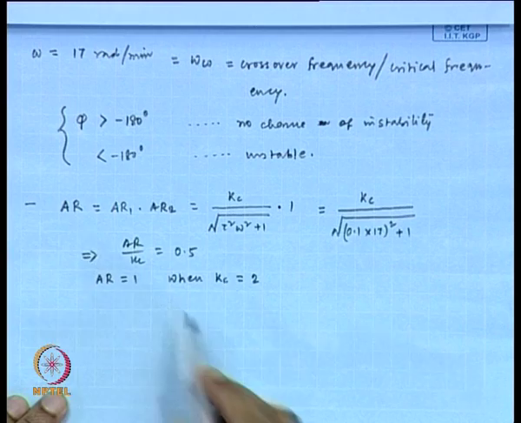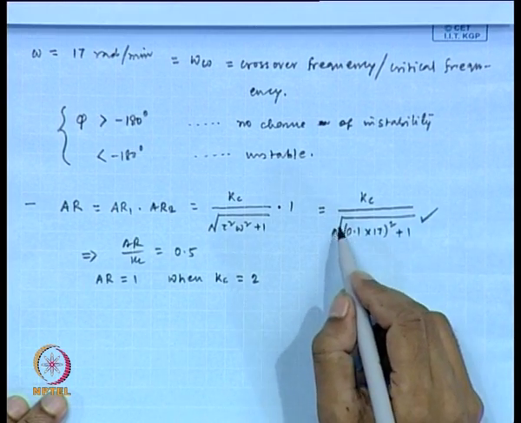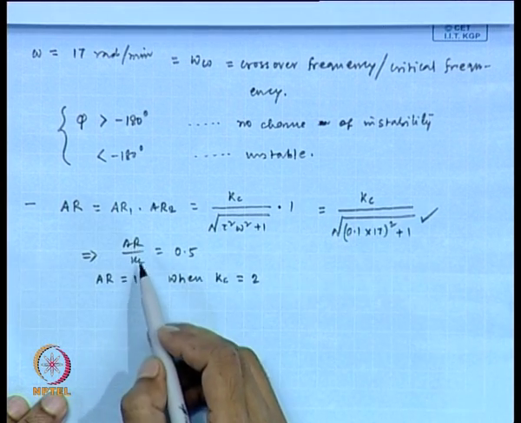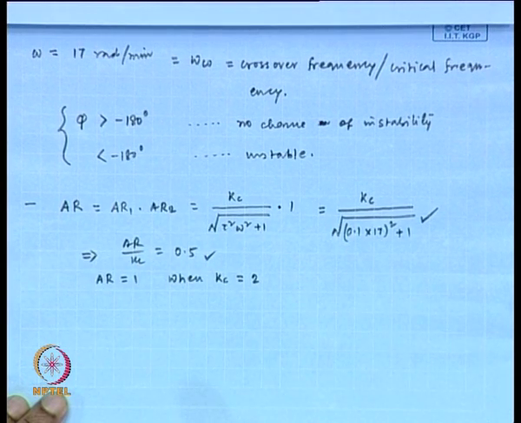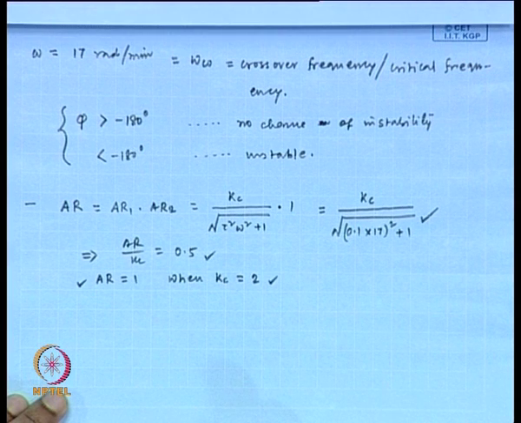Calculating this denominator, amplitude ratio by Kc equals 0.5. Then we obtain amplitude ratio equal to 1 when Kc is equal to 2.